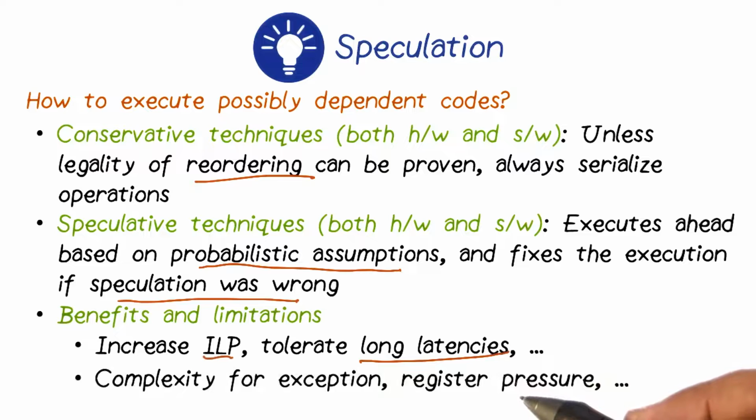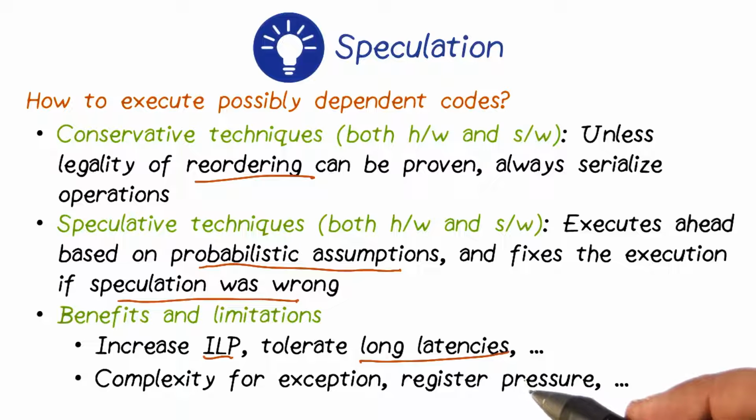But what is the flip side to doing this? There are two things. One is register pressure. Now that we have started this load earlier, we need a register much earlier than where we needed it otherwise, and so the demand for registers has gone up.